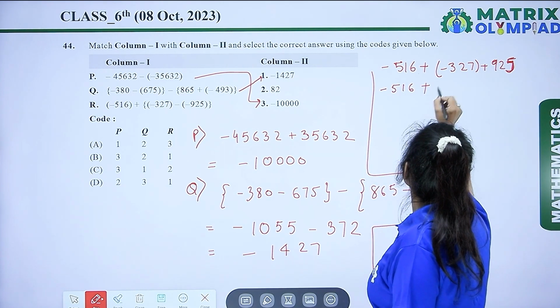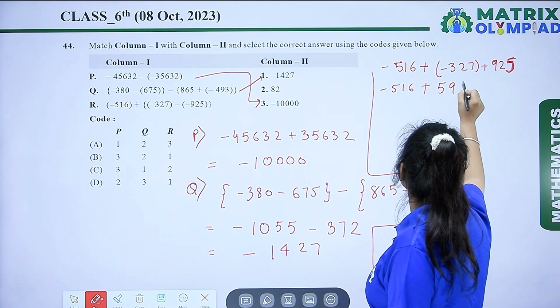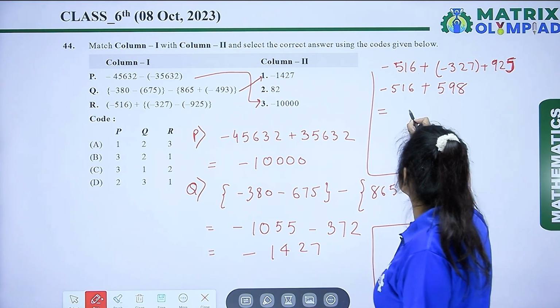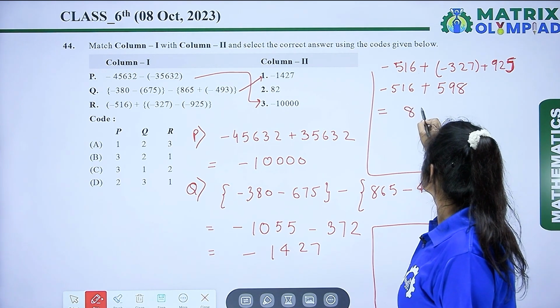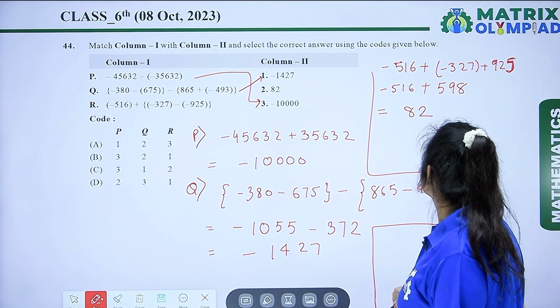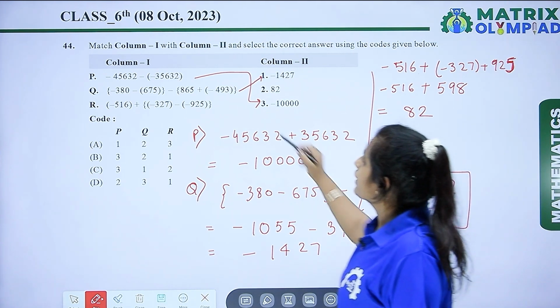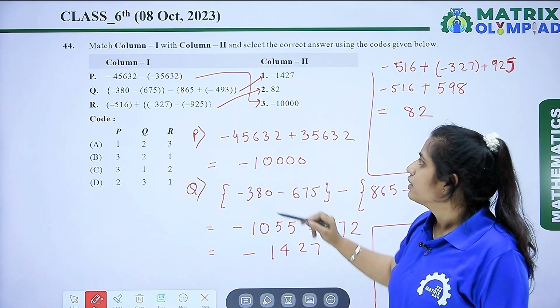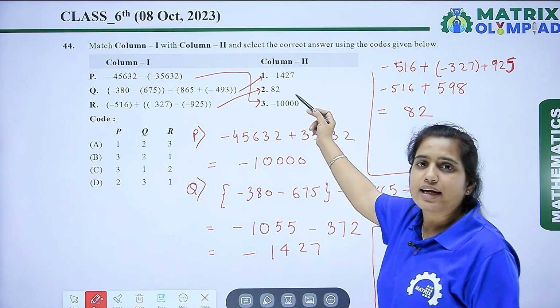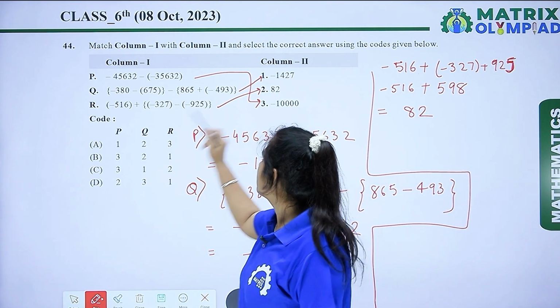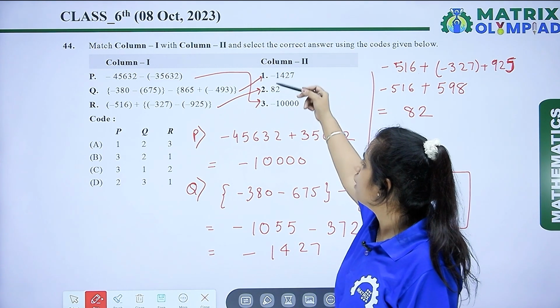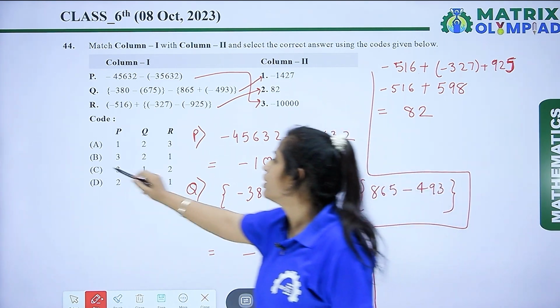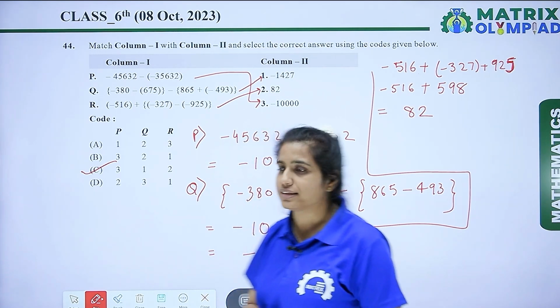Here we get positive 598, and after calculation we get positive 82. So here the correct answer will be R. R का जो correct answer है, that is 2. Now here the correct sequence will be 3, 1, 2. So here option C is the correct answer.